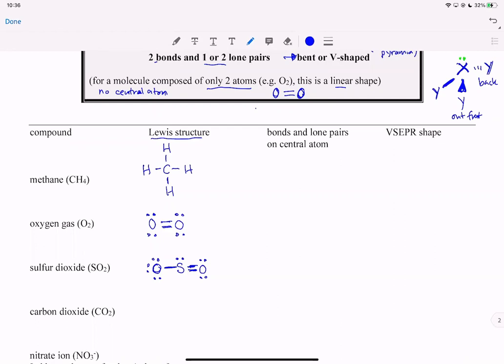So notice that those are lone pairs. There are lone pairs on the outer atoms, and there's also a lone pair on the central sulfur atom, which I'm going to circle in green. This is the central atom, and that central atom is what you're going to be focusing on, and the lone pairs only on the central atom.